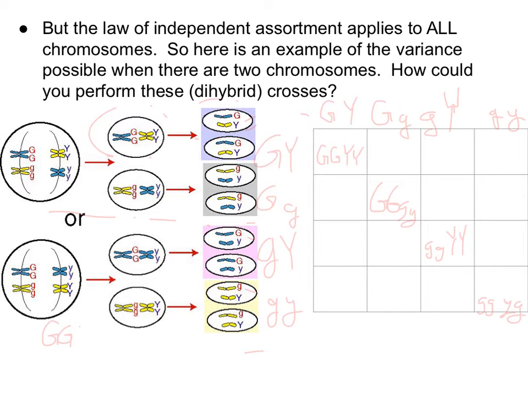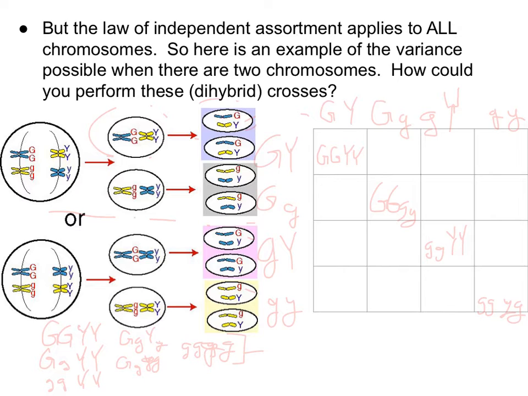capital G, capital Y, capital G, lowercase g, capital Y, lowercase g, capital Y, capital G, lowercase g, capital Y, lowercase y, capital G, lowercase g, lowercase y, and then lowercase g, lowercase y, lowercase y.